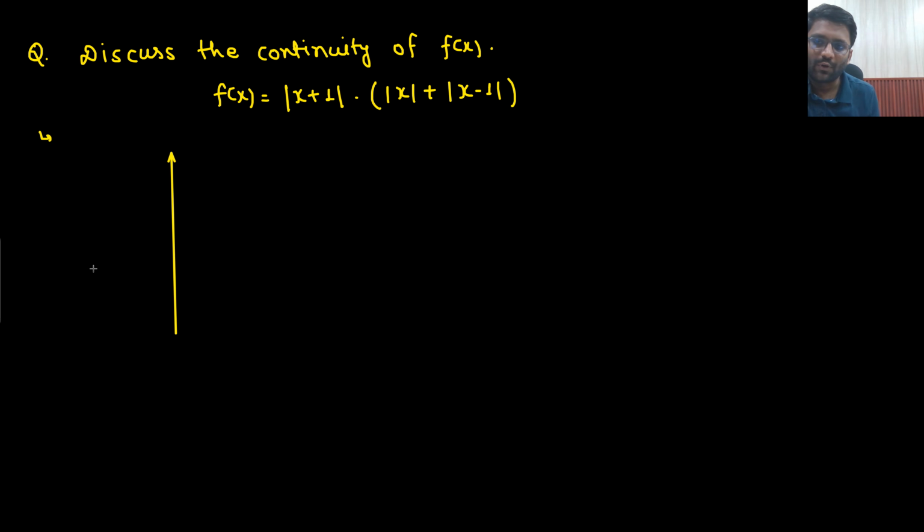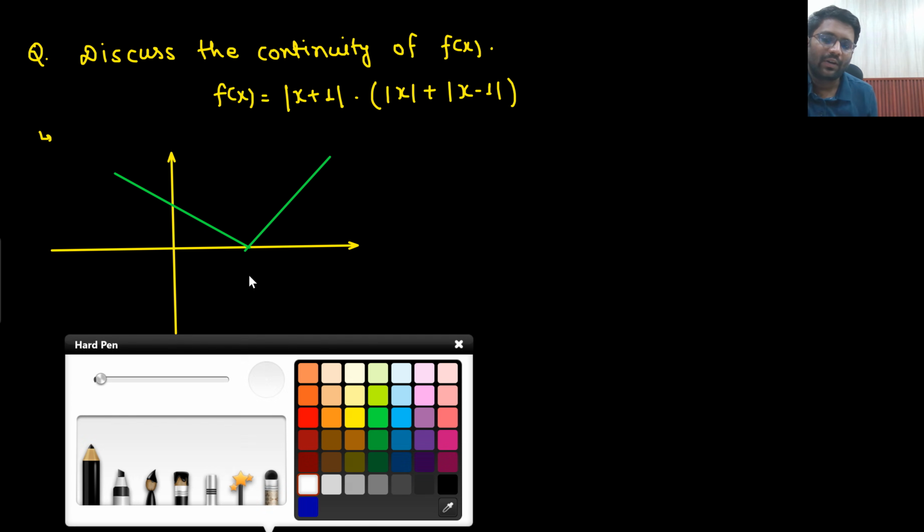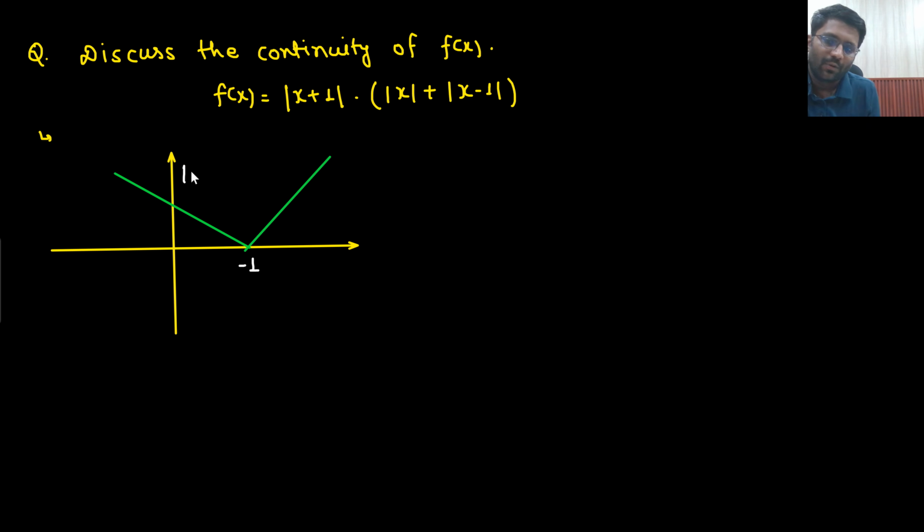Can you draw the graph of mod of x plus 1? Yes sir, I can draw the graph of mod of x plus 1. Sir, this is the graph. Sir, how I can draw it? In the basics, sir, you have taught me. Mod of x plus 1, you need to find out where the function is becoming 0, and at that point I need to make a V. This function is becoming 0 at minus 1.